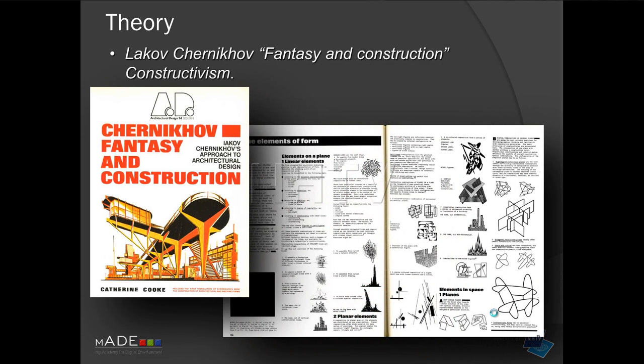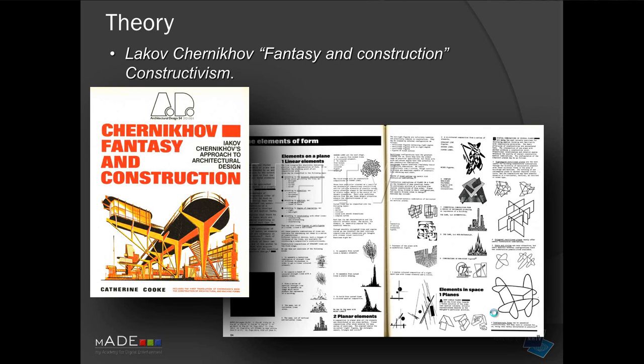So one of the works that I'm really using is this book, Chernikhov's Fantasy in Construction. This is a book created in the 50s while constructivism was very popular in the Soviet Union. This guy made a tremendous effort to analyze all shapes and geometry and make a taxonomy of shapes.